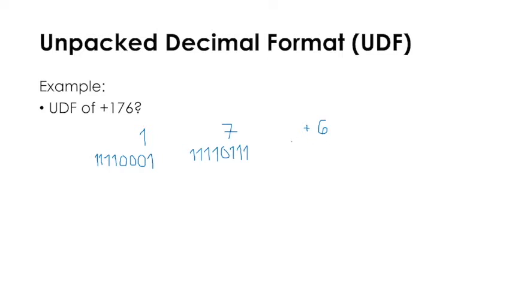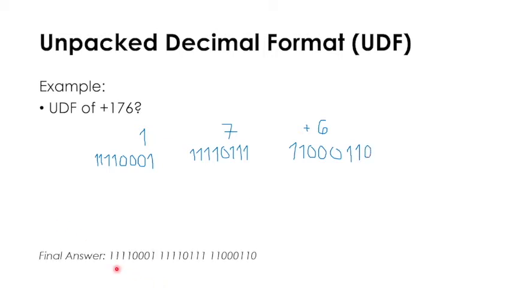The value of the sign bit for positive is 1, 1, 0, 0. And the BCD format of 6 is 0, 1, 1, 0. So our final answer will be this. Let's try another example.